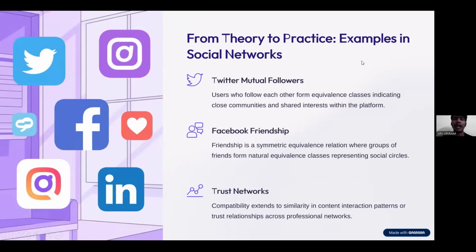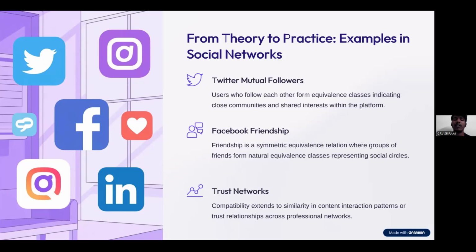From theory to practice: examples in social networks. Twitter mutual followers: users who follow each other form equivalence classes, indicating close communities and shared interests within the platform. Facebook friendship: friendship is a symmetric equivalence relation where groups of friends form natural equivalence classes representing social circles.